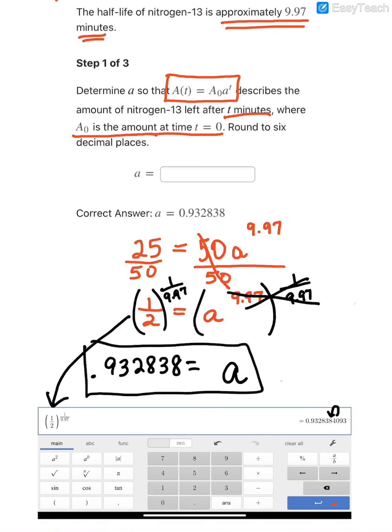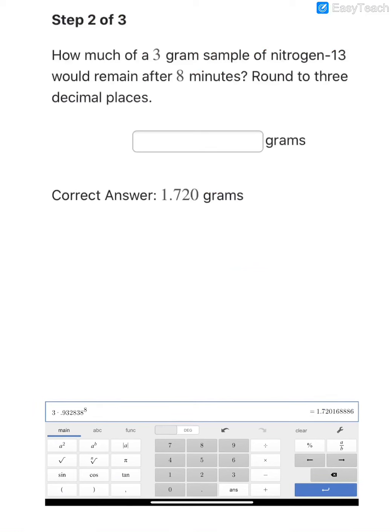Now going forward to step 2, we're going to need that value of a, because now they ask how much of a 3-gram sample of this nitrogen 13 would remain after 8 minutes. So we are looking for A, the amount that would remain after 8 minutes.